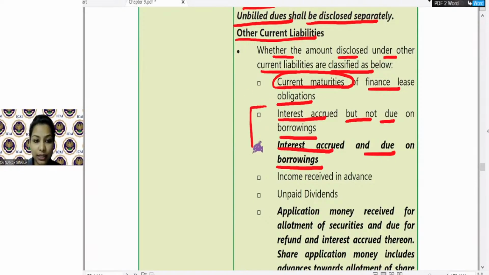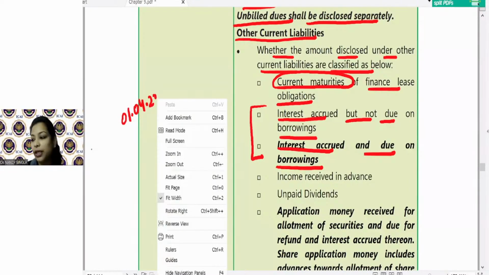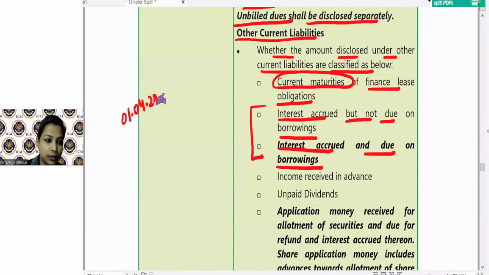So let us try to understand these 2 points. Interest accrued but not due on borrowings. Interest accrued and due on borrowings. ठीक है? So let's say any loan was taken on 1st April 2021, of 10,000. ठीक है?